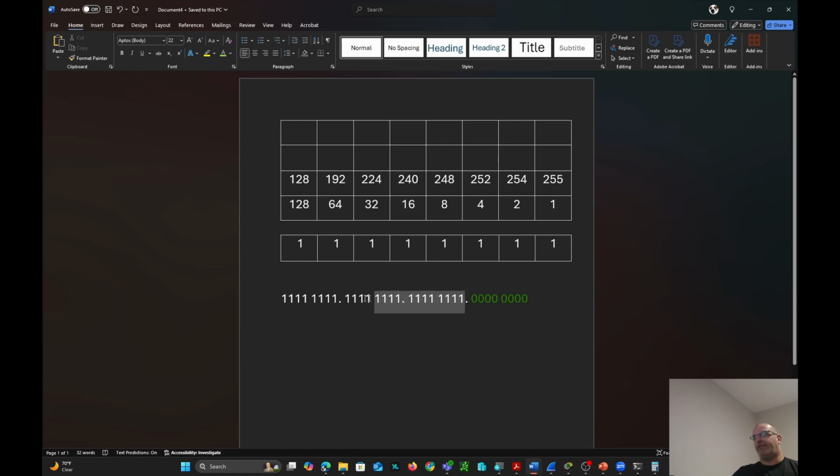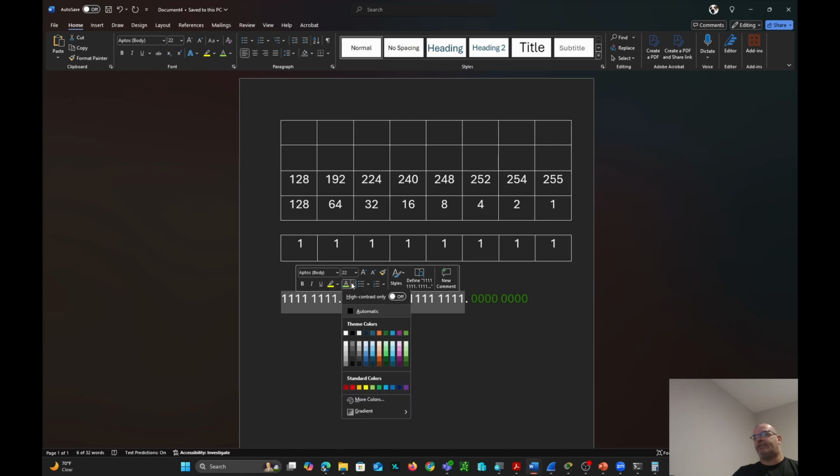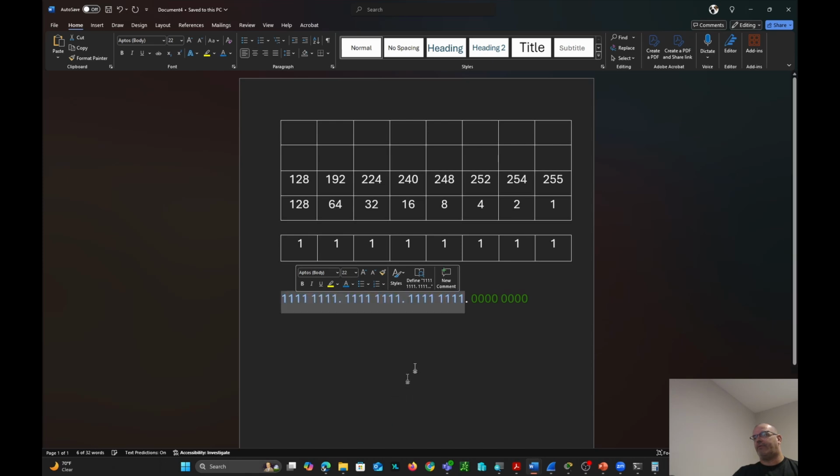Everywhere that there is a 1, it means that that is the network itself, okay? These are horrible colors. There we go. Is everybody following me so far?